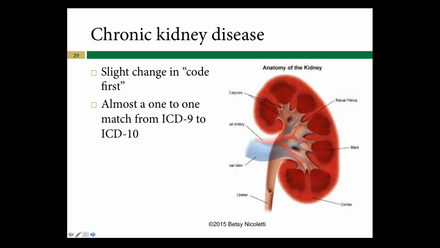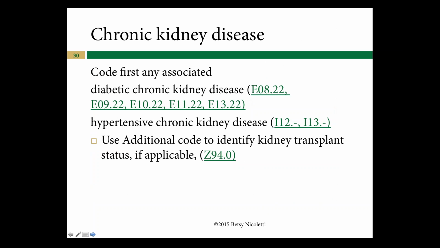Now, how about chronic kidney disease? There is only a slight change in chronic kidney disease from ICD-9 to ICD-10, and it's in the code first note, because we've got really almost a one-to-one match between ICD-9 and ICD-10. But ICD-10, when we go to the chronic kidney disease section, says code first any associated diabetic chronic kidney disease.